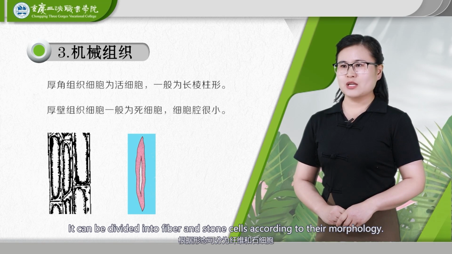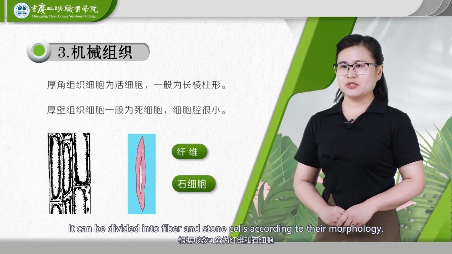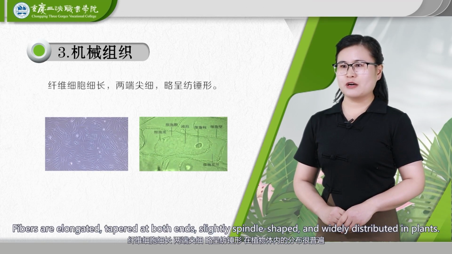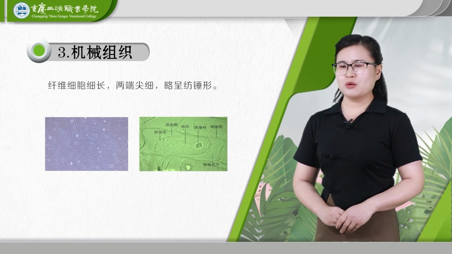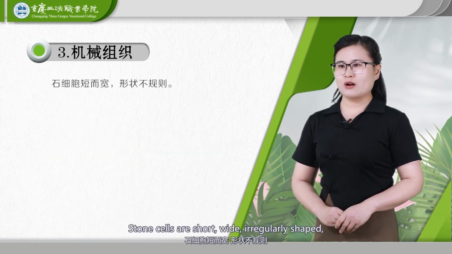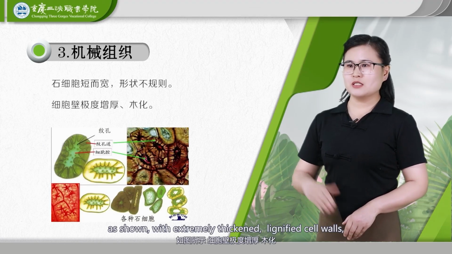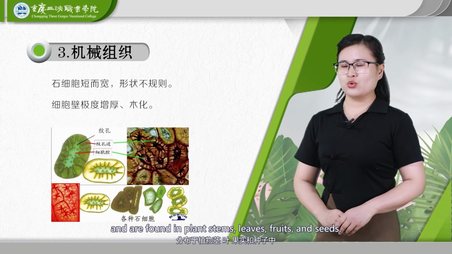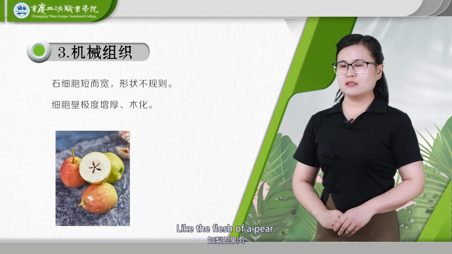It can be divided into fiber and stone cells according to their morphology. Fibers are elongated, tapered at both ends, slightly spindle-shaped, and widely distributed in plants. Stone cells are short, wide, irregularly shaped, as shown, with extremely thickened, lignified cell walls, and are found in plant stems, leaves, fruits, and seeds, like the flesh of a pear.